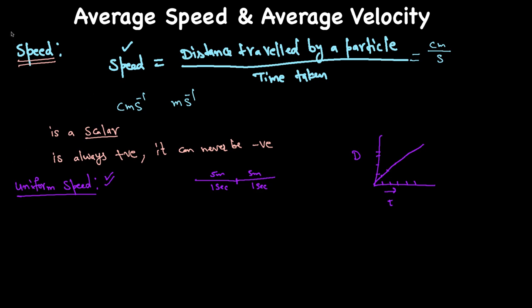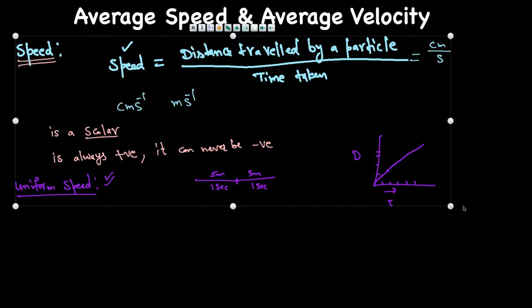Okay, so let me make some space over here. So the next thing is variable speed. In uniform speed, the distance traveled is the same over the same amount of time. In variable speed, a particle or a body is said to be moving with variable speed if it travels unequal distance in equal intervals of time.